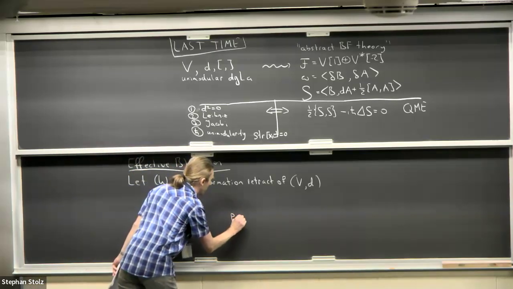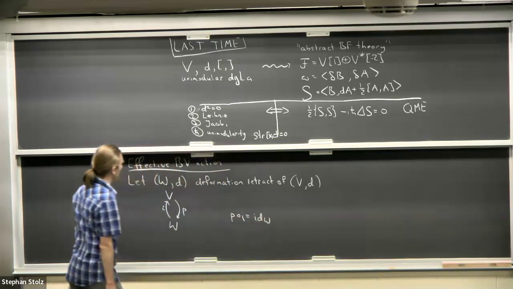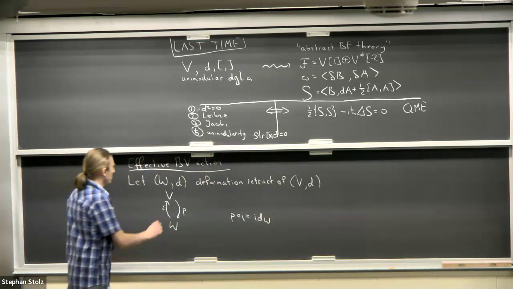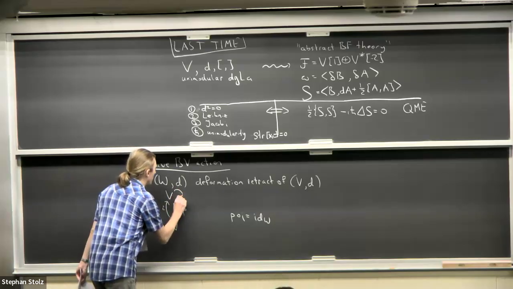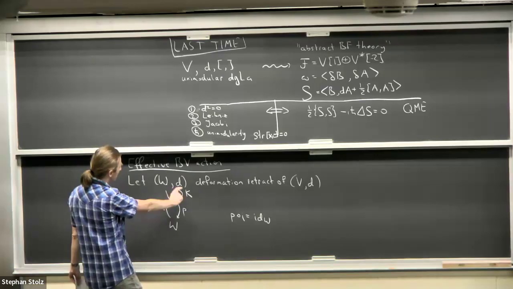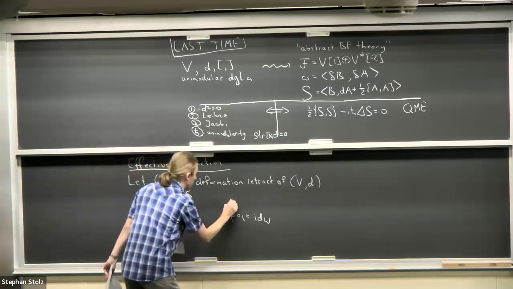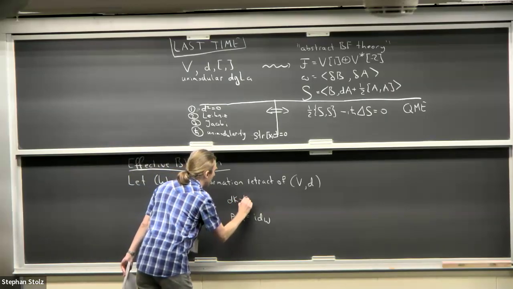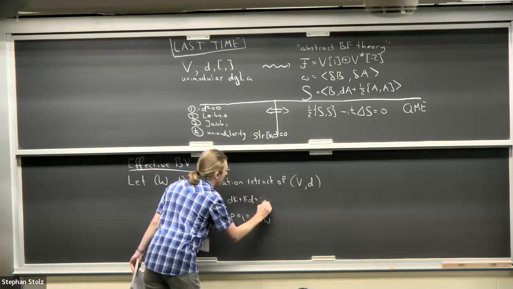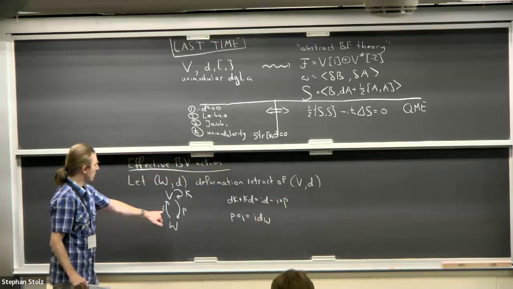They should satisfy P composed with I is the identity on W. And I also want a chain homotopy K, which is a chain homotopy between the identity on V and the opposite composition, P followed by I. So dK plus Kd is the identity minus I composed with P. I and P are chain maps.